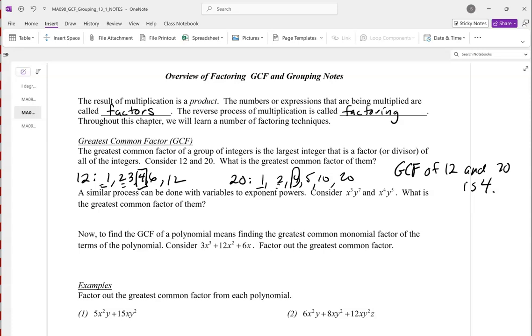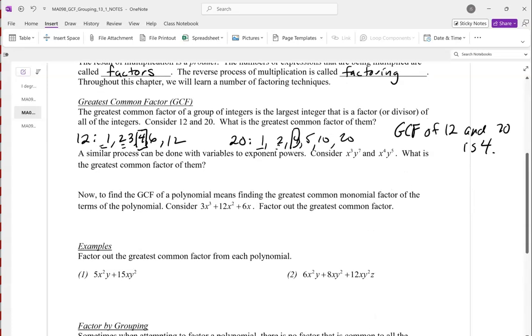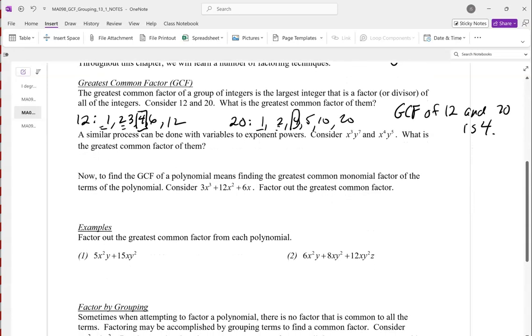For variables, we can do the same kind of idea. Let's look at how these would be written out longhand and then see if we can figure out what the greatest common factor is. So let's look at the x cubed times y to the 7th. Of course, the x cubed means we're going to multiply x by itself 3 times.